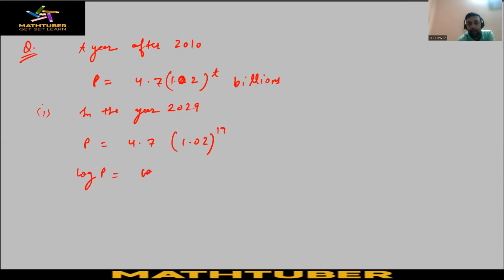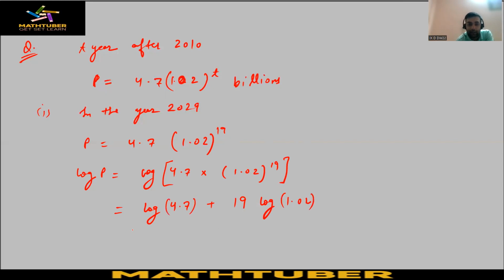Log P will be equal to log of 4.7 into 1.02 raised to power 19. If we apply the laws of logarithm here, it will become log of 4.7 plus 19 will come in front and log of 1.02.